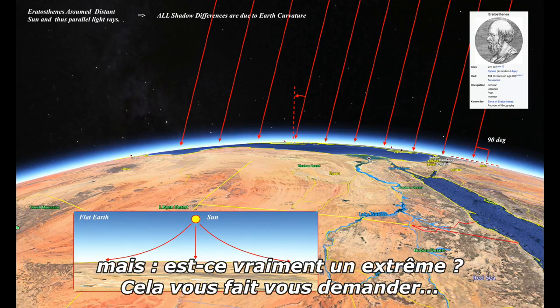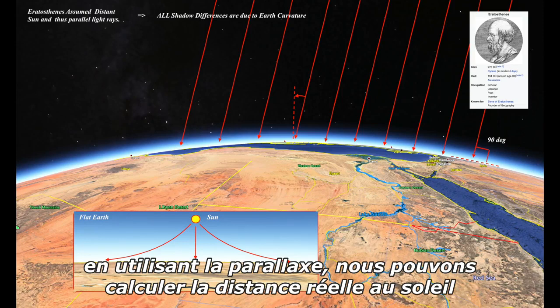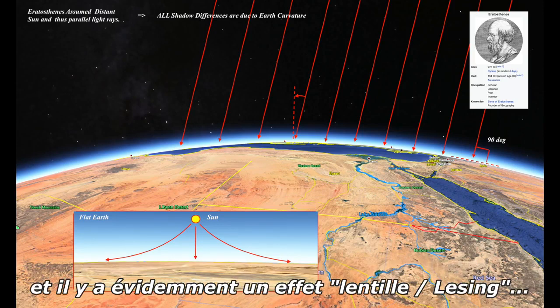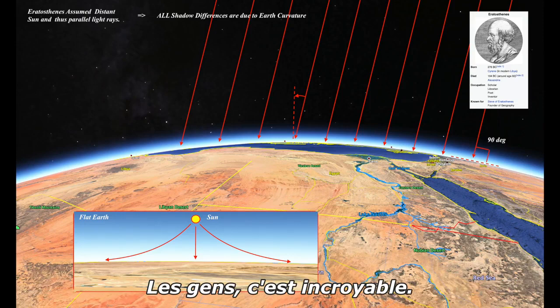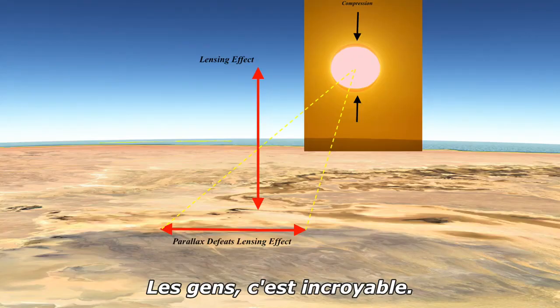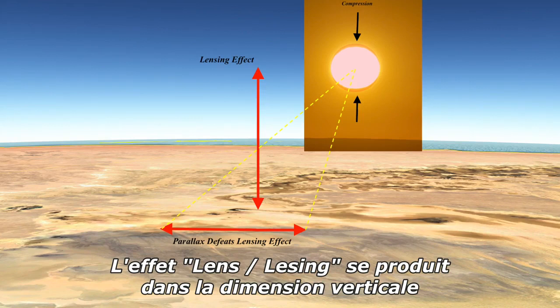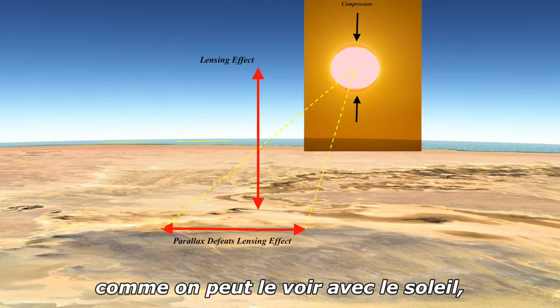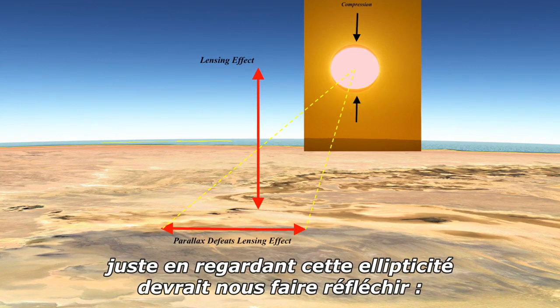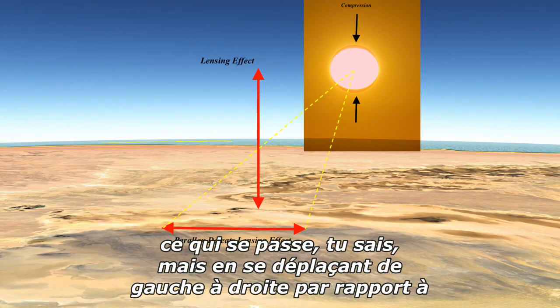Makes you wonder. Using parallax, we can calculate the true distance to the sun. And there's obvious lensing going on. We can defeat the lensing effect with parallax. You see, the lensing effect occurs in the vertical dimension, as we can see from the sun. Just seeing that ellipticity ought to make us wonder, hey, what's going on?